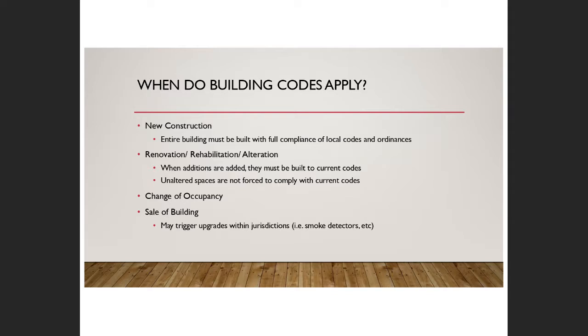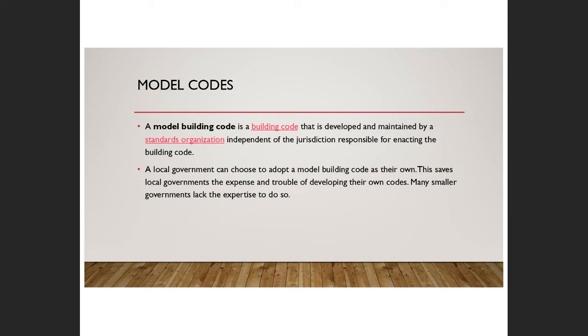So how does all this stuff work? Well, the building codes that are used by most of the jurisdictions in our area are based on a model building code. So in other words, the village of Oak Park and the city of Berwyn and the city of Cicero, et cetera, each of those towns and cities doesn't have the wherewithal to figure all this stuff out by themselves.